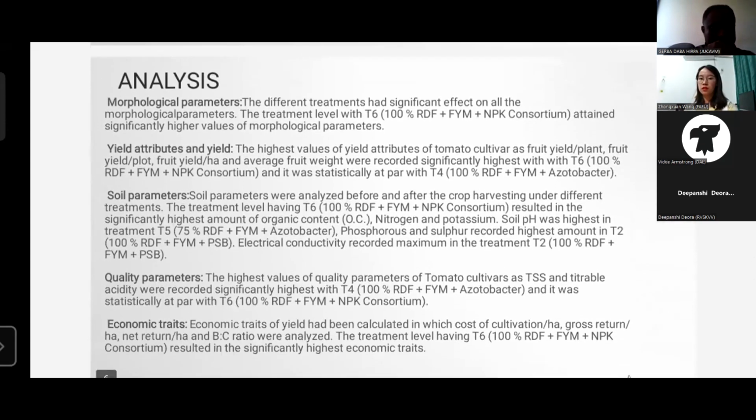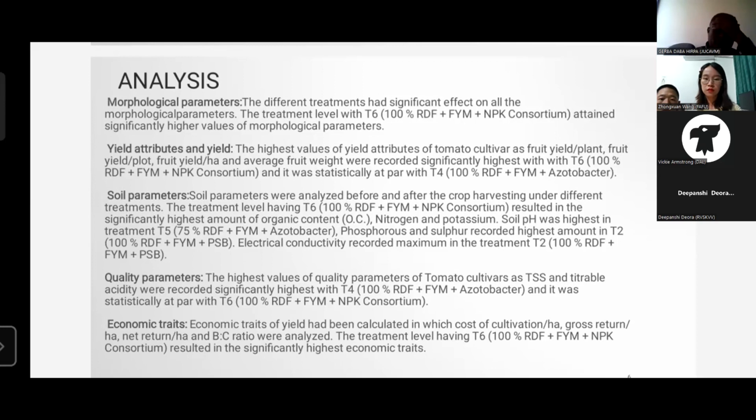After all these methods, the analyses were conducted. For morphological parameters, the different treatments had a significant effect on all the morphological parameters. The treatment T6, that was 100% RDF plus FYM plus NPK consortium, attained significantly higher values of morphological parameters.